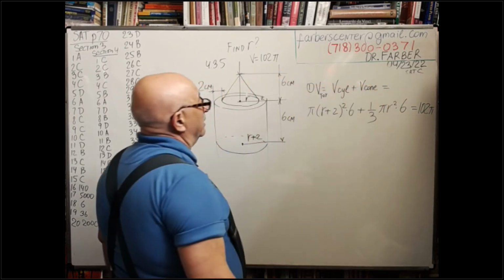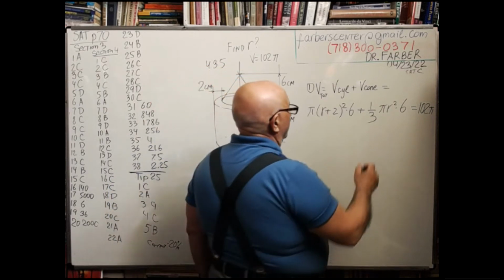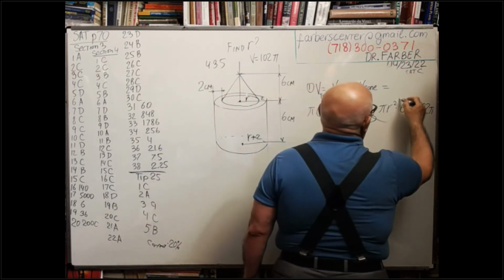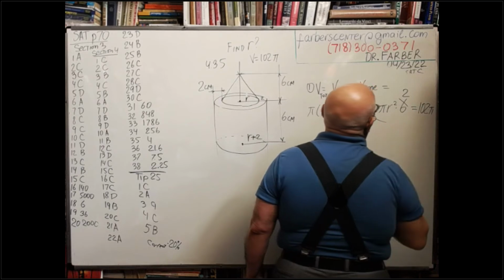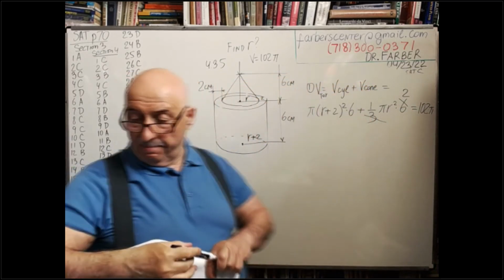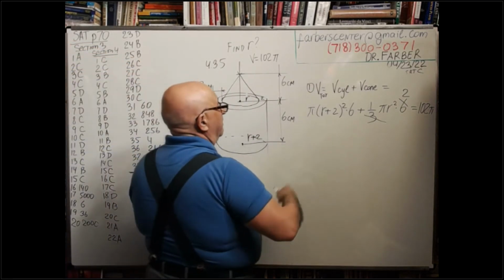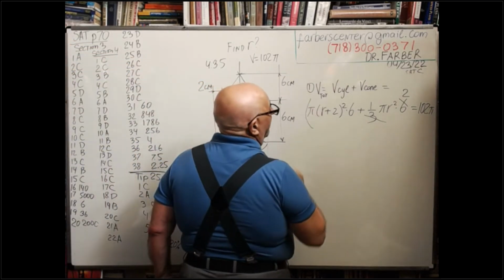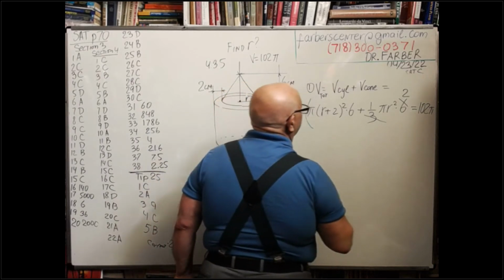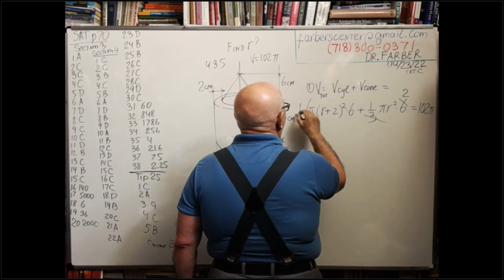Well, what they can do, this 1 over 2, and this 3 goes into 6 2 times. And I can multiply both parts. I take a different color. I can multiply both parts by 1 over 2 pi.